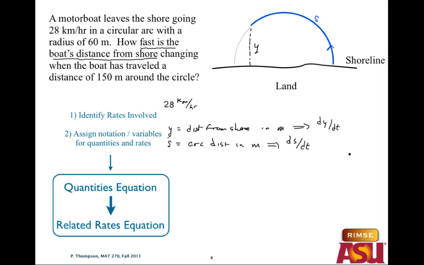Okay, so we're looking up at this picture here. We're imagining s increasing, and then this y changing, right? The distance y as s increases. What's going to bring together y and s? It's going to bring together this arc length distance and that vertical distance to the land.